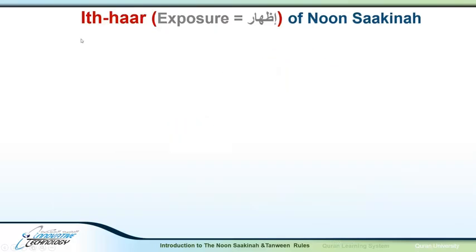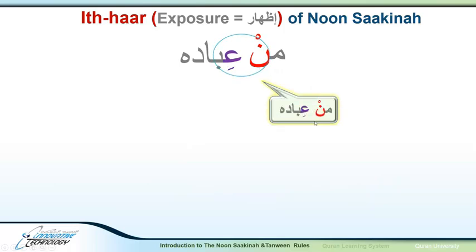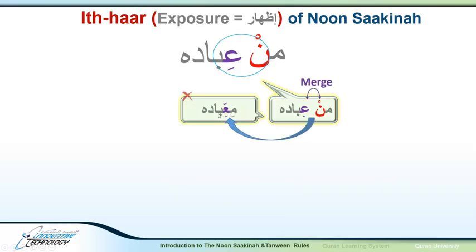Now, the third rule is called izhar. Izhar is basically to show something, to expose it, not to hide it. So izhar is exposure. Min ibadih. We cannot do idgham here like we have done in the previous case. If we merge the two, it would be a different meaning, a different letter.